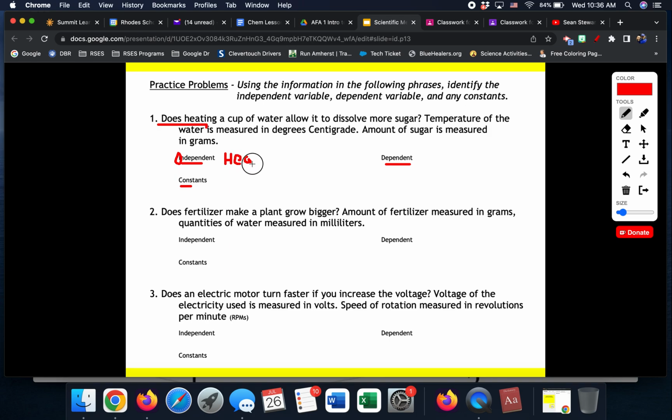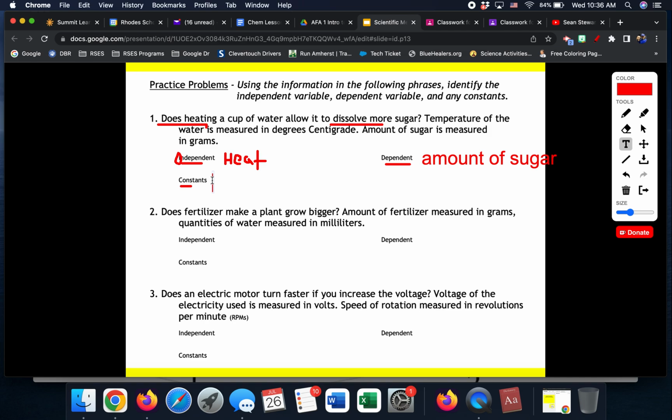What am I testing for or measuring? The amount of sugar. So dissolved sugar, amount of sugar, or dissolved sugar, either one of those would be fine. And constants are things that are kept the same. So what would be kept the same here? Notice it doesn't give it to you, so you have to kind of think with those.